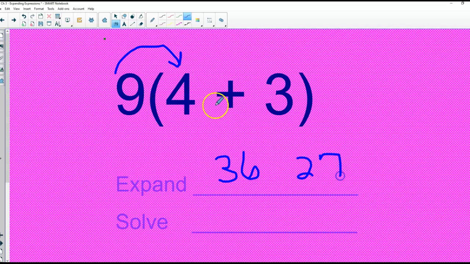And this problem wants us to add them together. So my solution here, when I solve this, 36 and 27 would give me 63. Another word you may hear instead of the distributive property is expanding. So those two words sort of go together: distributive property, and we're expanding it. 9 times 4, 9 times 3, and then this problem wants us to add together. Our total is 63.